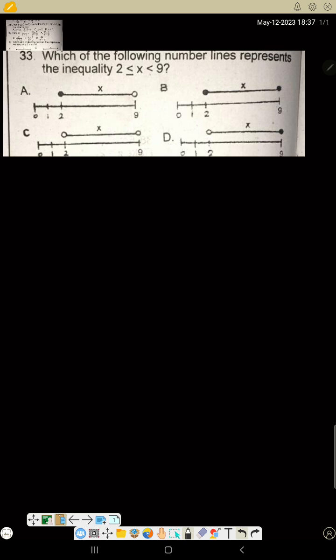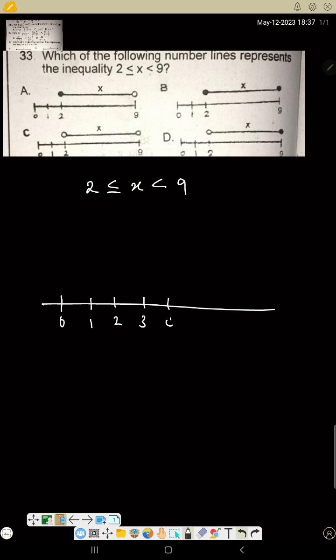Which of the following number lines represent the inequalities 2 is less than or equals to s is less than 9. So I have positive results. So if this is 0, this will be 1, 2, 3, 4, 5, 6, 7, 8, 9. So 2 is less than or equals to s, so there's a line coming out from there.